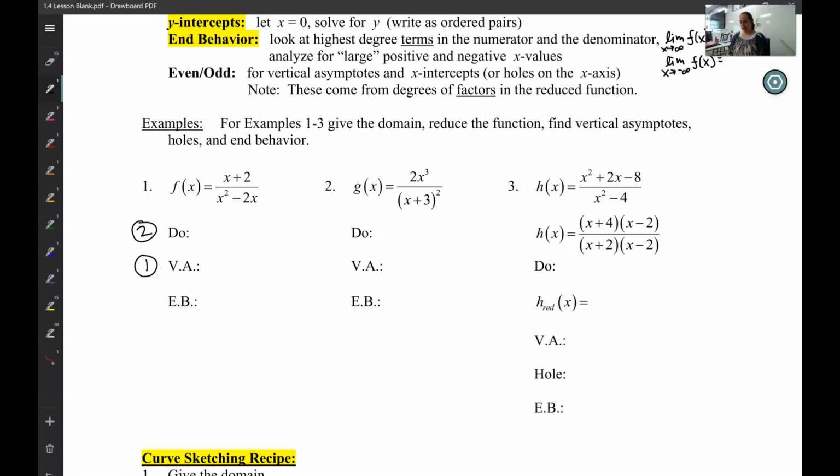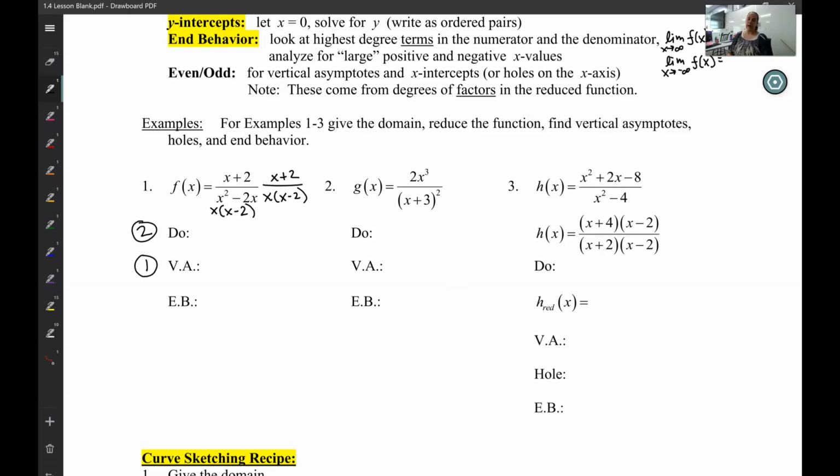If I go to simplify this, so simplifying would mean I want to take an x out of that, take out the greatest common factor. So I have x plus 2 over x times x minus 2. Now, first things first, look at that simplified version. Do I have anything that cancels out to make a hole?